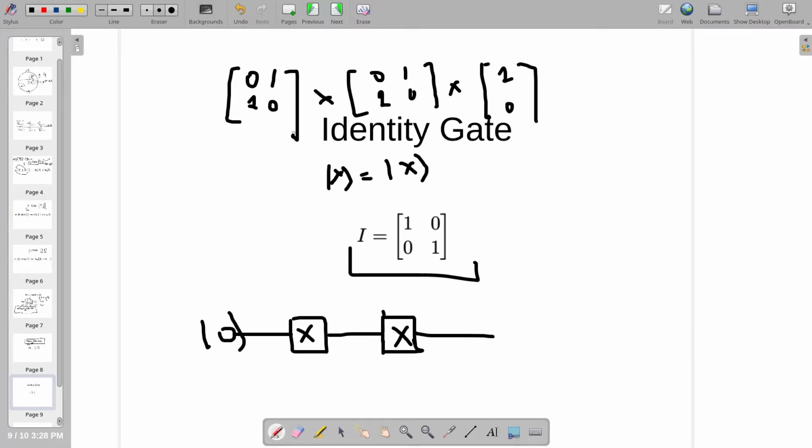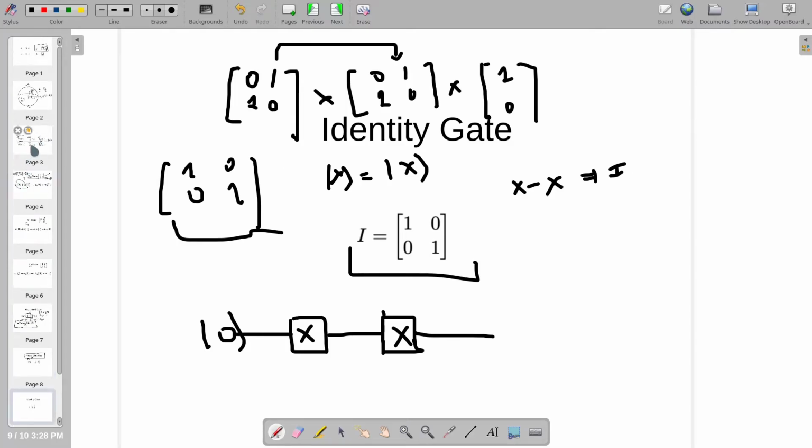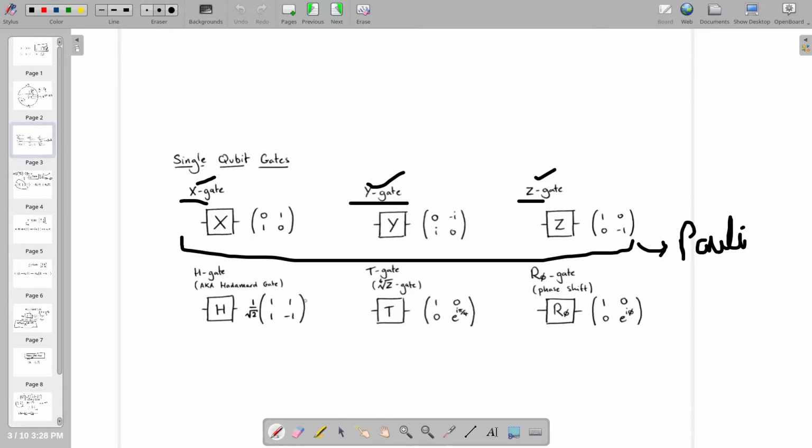What we'll notice is that if you multiply these two, it gives nothing but the identity matrix, 1 0 0 1. And this property, that two gates, say x and x, give identity, is true for all the gates we have studied till now.